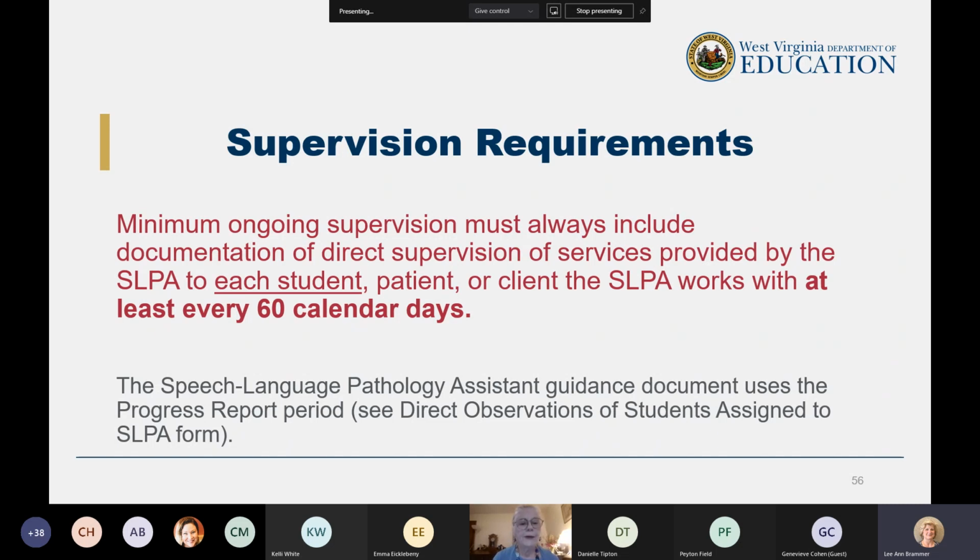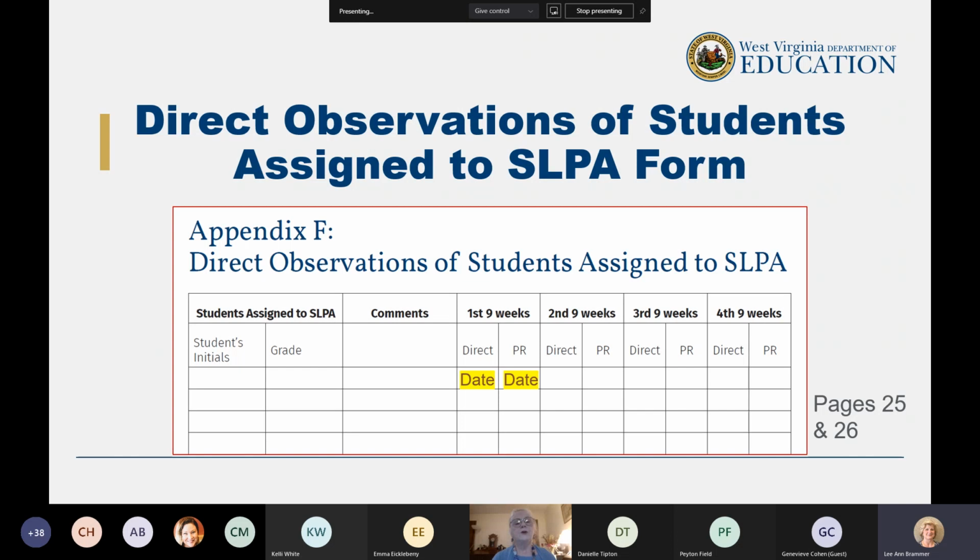And so if you go to the next slide, you can see that we have the DUSA form. And I have highlighted dates because that's something that a lot of people will just put checks that they did those things. But the point is for you to have dates so that you can remember and you can document that you actually did it.